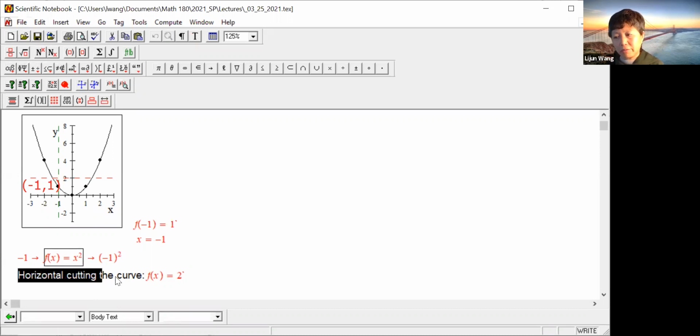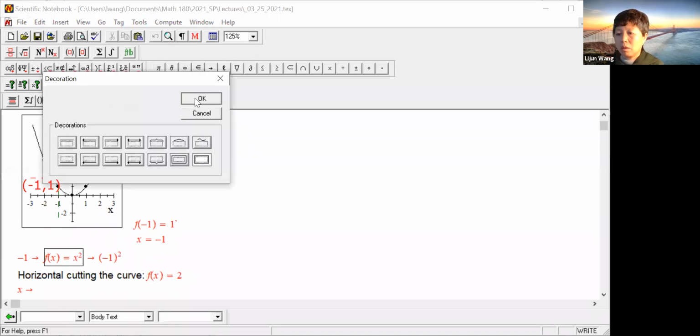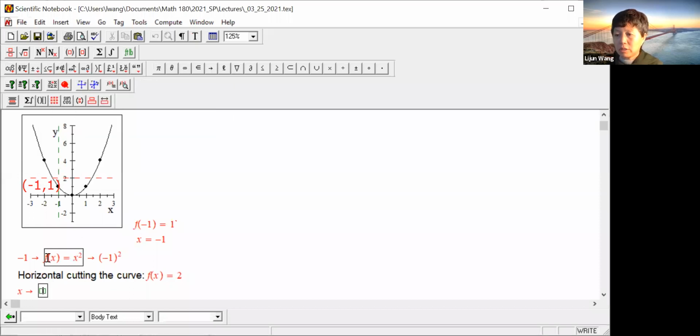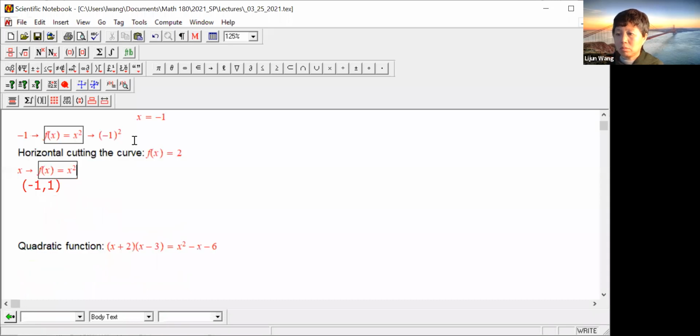Horizontal cutting, however, is where you're given the output. Input is not known. The function is still the same rule. The output is 2, you follow me?